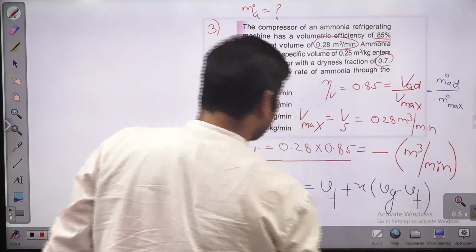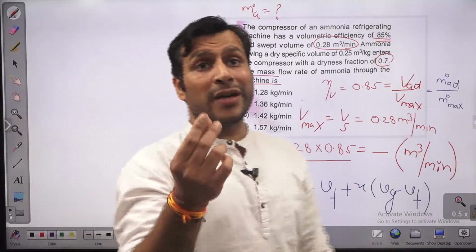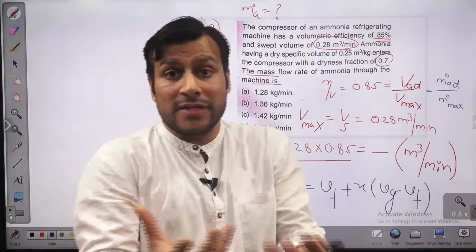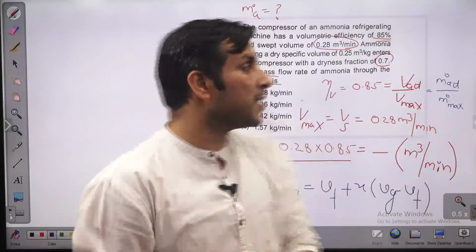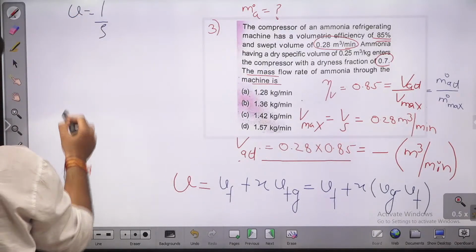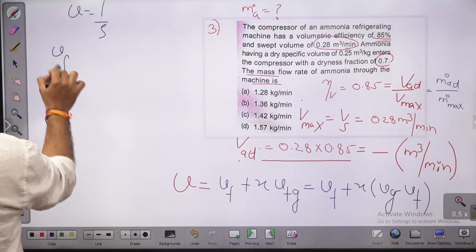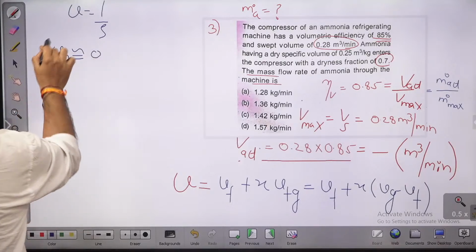Vf is not given to you, but you know the specific volume of the liquid refrigerant is negligible. Liquids have high density compared to the density of gases, and specific volume is the reciprocal of density. So the specific volume of liquids is very, very small, and we can neglect that.